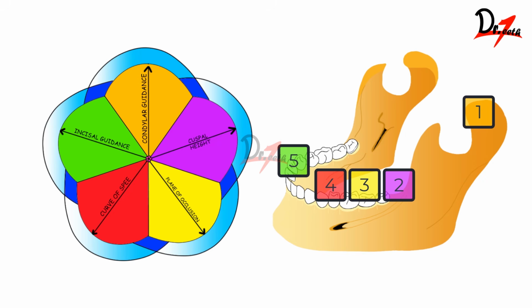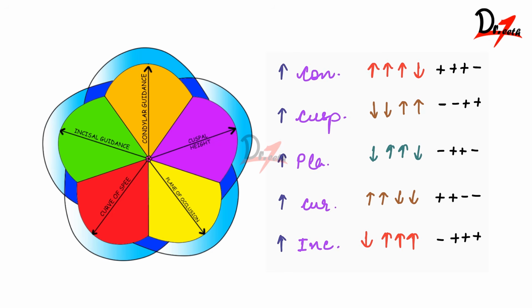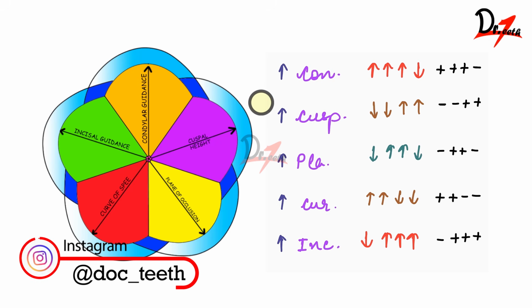So I will be writing all the 5 factors in a sequence, starting from posterior, which will be on the top: condylar guidance, then cuspal height, plane of occlusion, curve of Spee, incisal guidance. The one on the top is the posterior most and the one on the bottom is the anterior most.